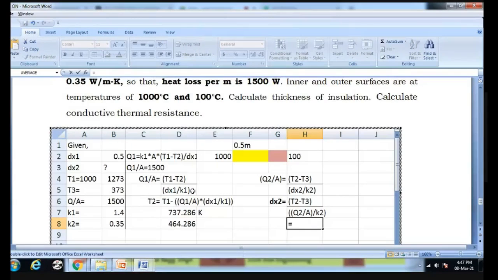T2 is this, in Kelvin I'll take, minus T3 is 373, divided by Q2 by A, 1500, divided by K2. K2 is 0.35. 0.085 meter is your dx2.